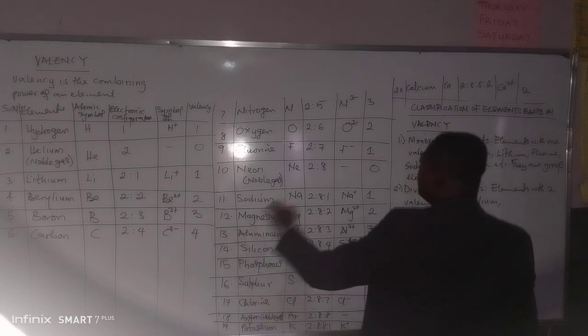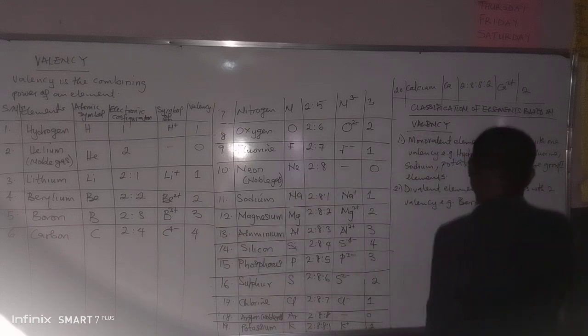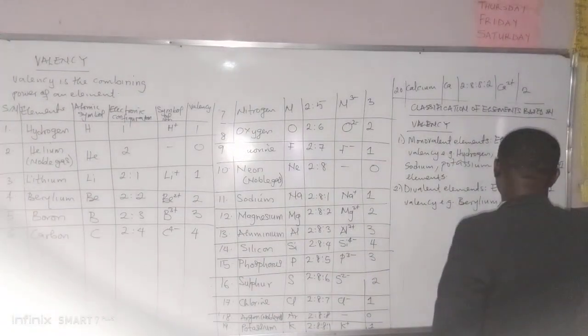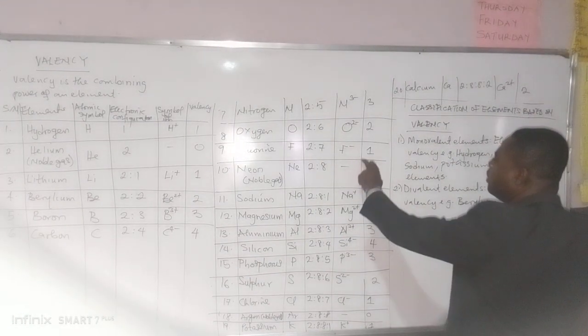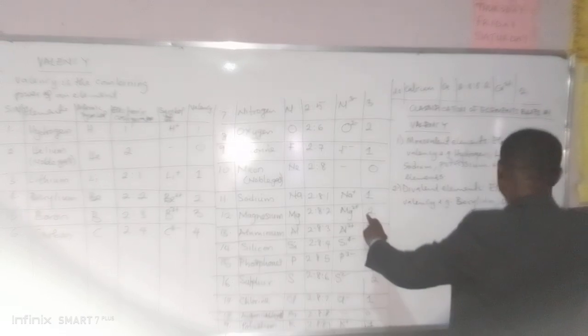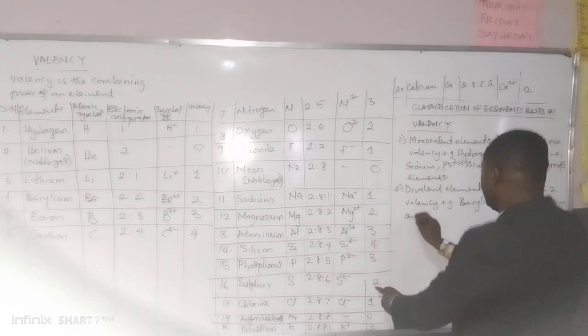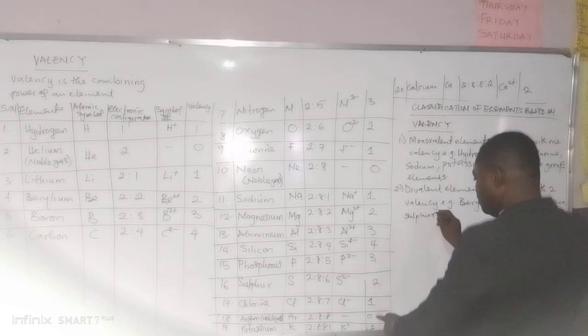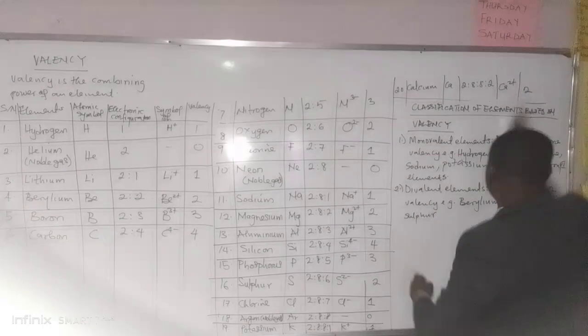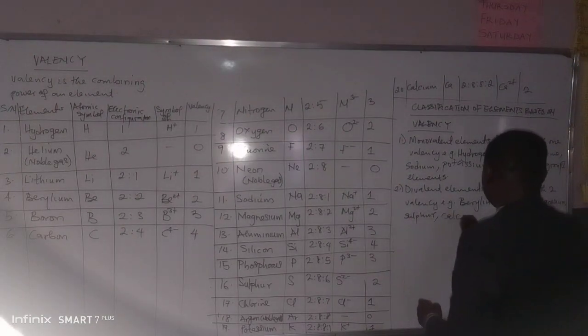Then we have oxygen. Then we have magnesium. Then which other one is valency 2? That's sulfur. Then we have calcium. Valency of calcium is 2.